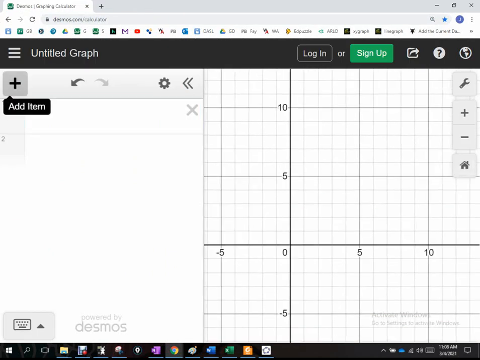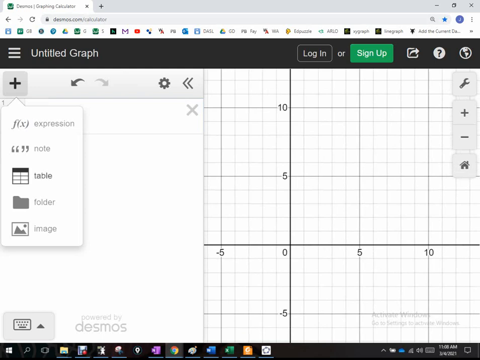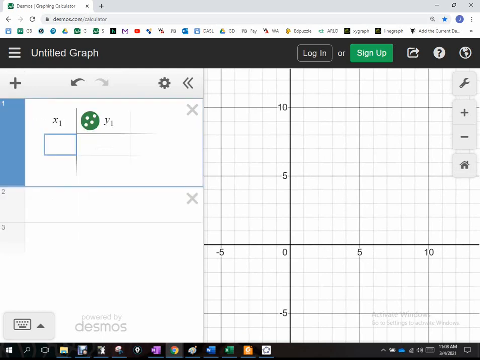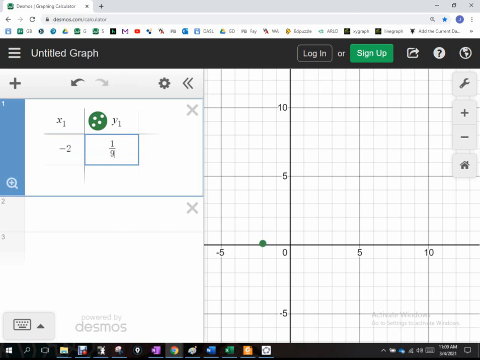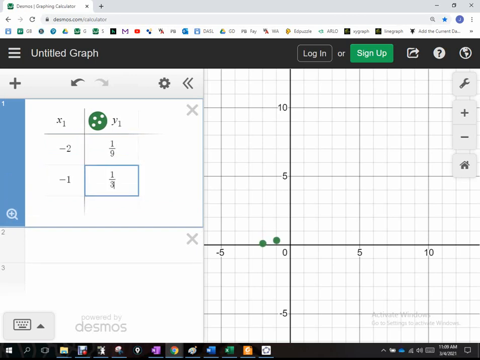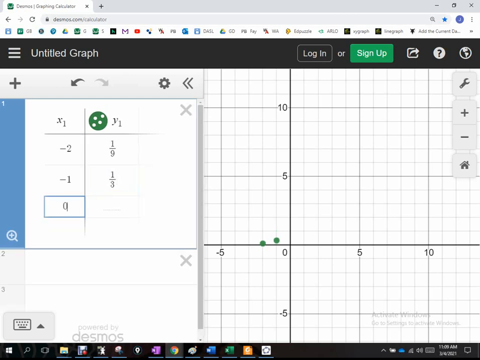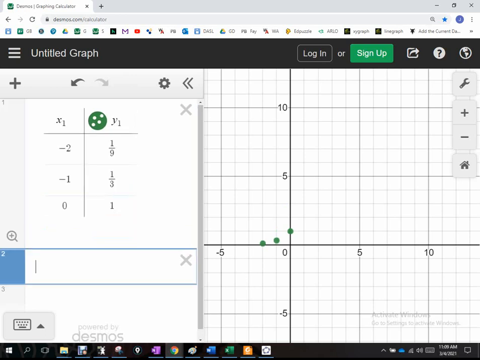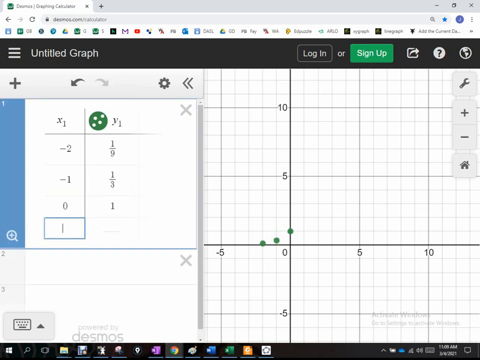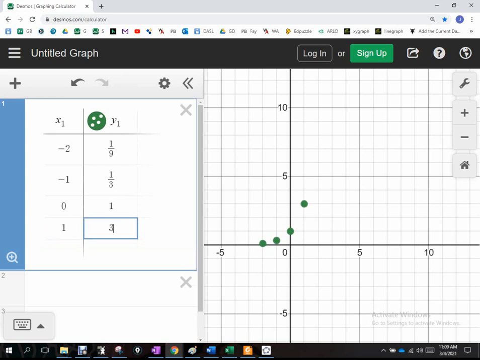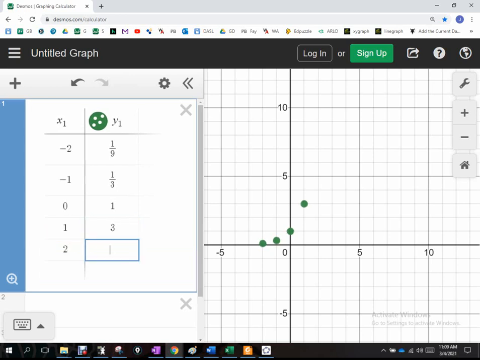I think I've shown you this before, but if I want to, in Desmos, make a table using what we just did, x was -2, and go 1/9, and then -1, type in 1/3, 0, 1, then 1, type in 3, 2, and 9.